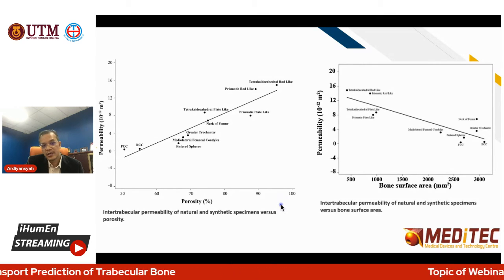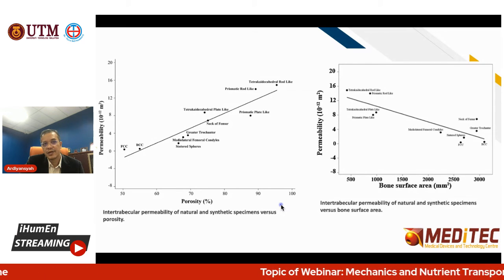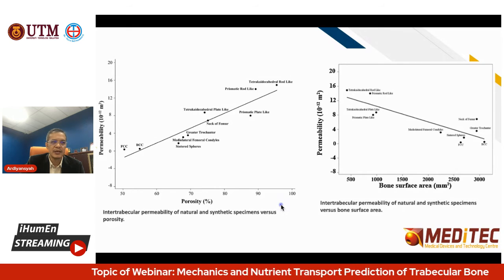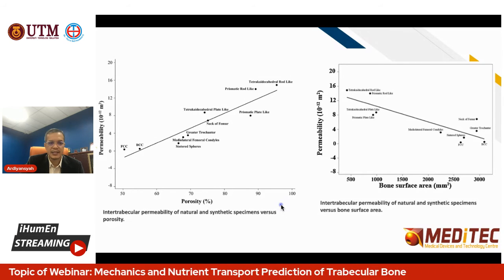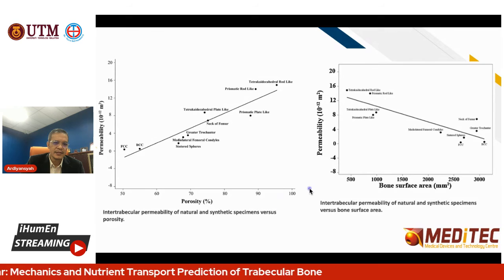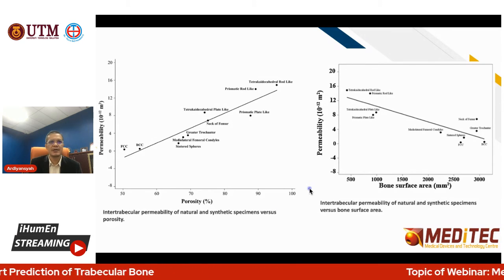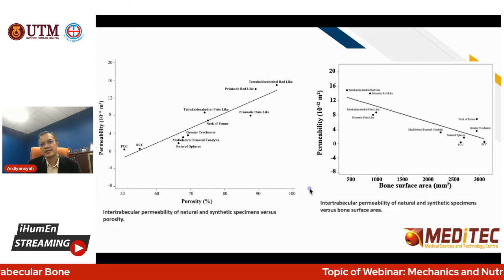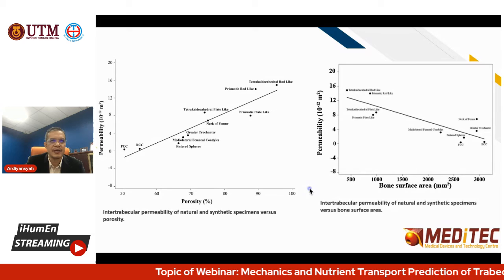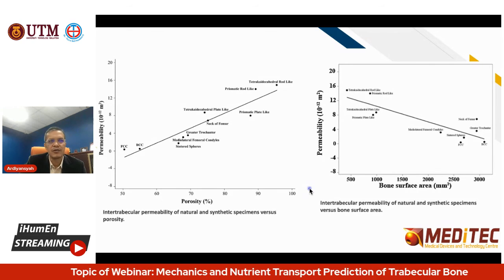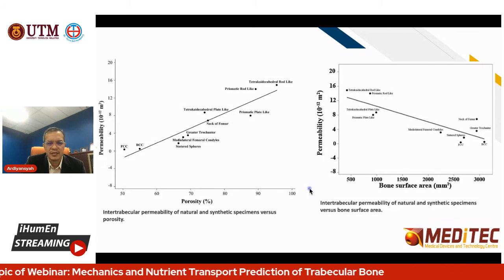For porosity, without micro-CT we can calculate using another, conventional method, but for the bone surface area we can't. We need to scan the sample, reconstruct and analyze how much bone surface area we can count. That will affect the permeability of the cancellous bone.